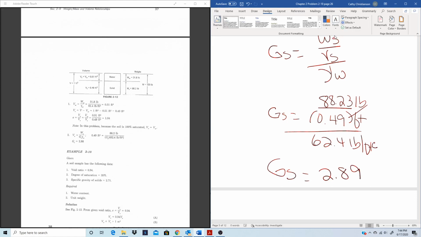You were doing specific gravity in last week's lab, so you should kind of know what you're using. Here's how you can solve for specific gravity, and that was the two things they wanted. They used 88.2 and I used 88.23 to solve for it. I used the equation that they had, and I came up with 2.89 because I kept my number all the way out.